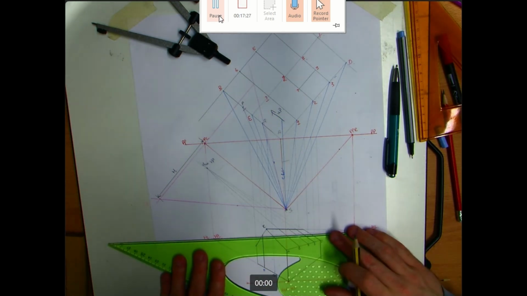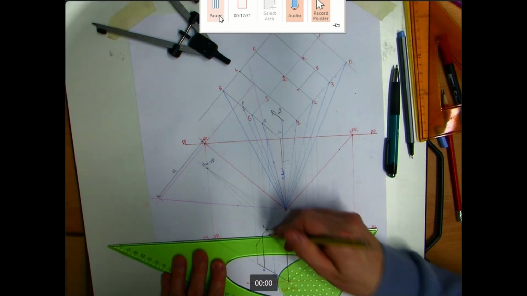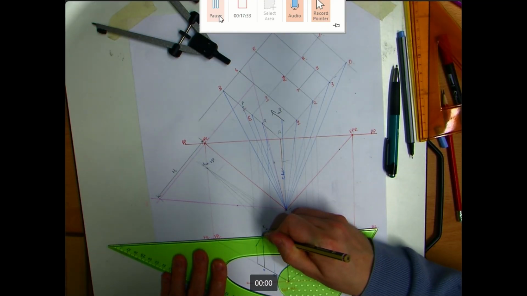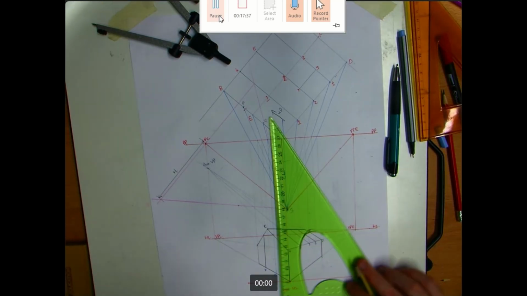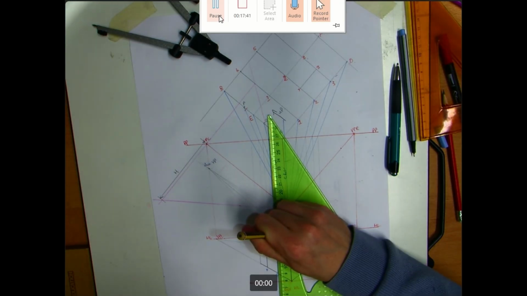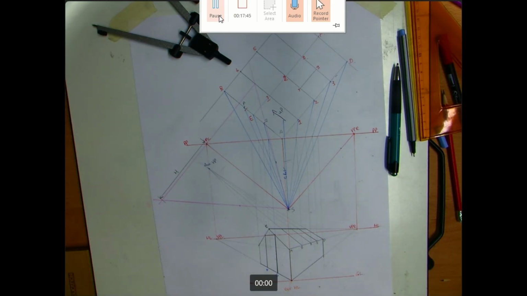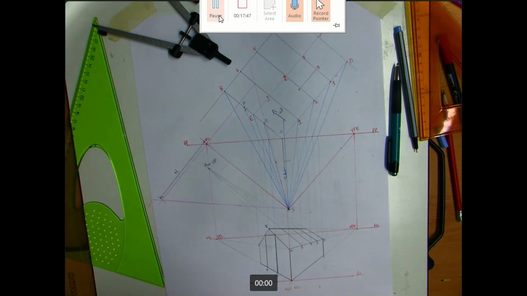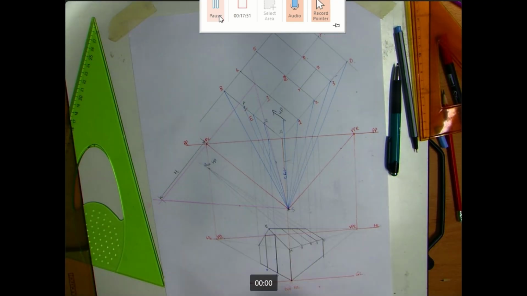If I bring that through VPL, it will give me the height of my door, giving me the location of Q, which both match up. Okay, so there's the location of the door. So that is part A of the question. Alright, finding the auxiliary vanishing point of the slope of the roof.